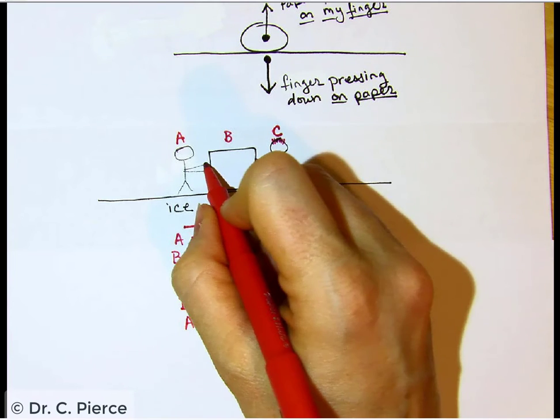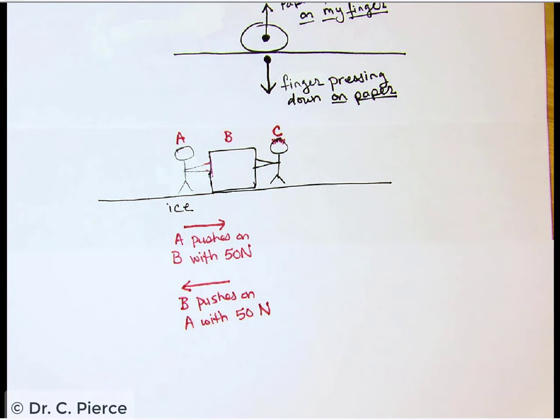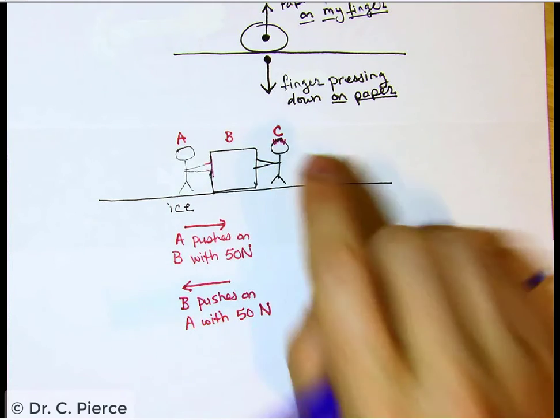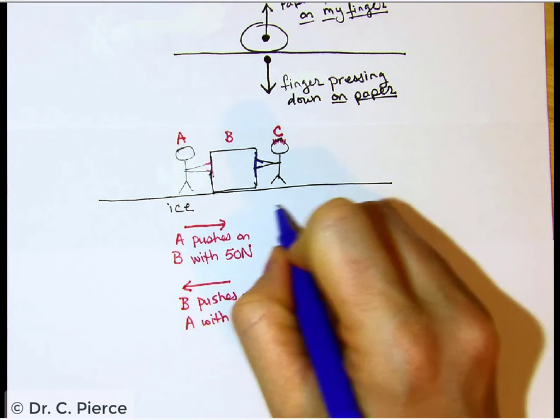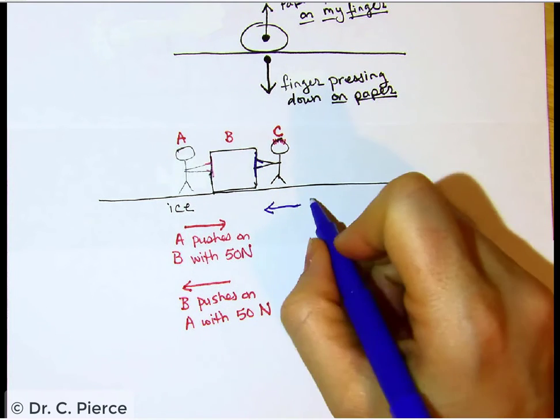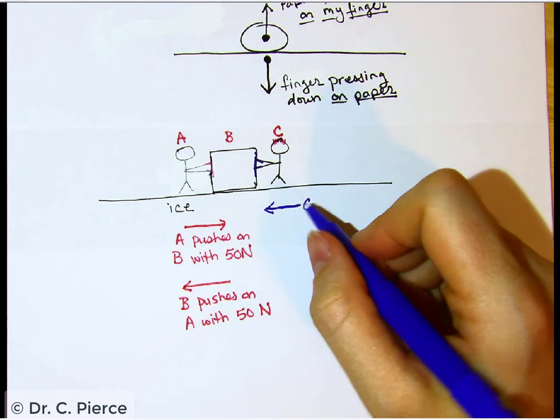So we're looking at the interaction between those two objects. Now let's look at the interaction between these two objects. So person C, Crystal, might be pushing on the box with 60 newtons.